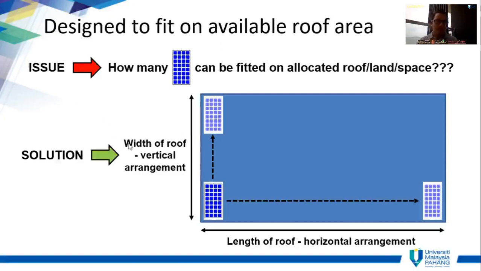For vertical arrangement, for example, this is the lengthwise up case. The modules will be arranged on the vertical part throughout the width of the roof. Meanwhile, for the horizontal part, the lengthwise up oriented solar modules are arranged throughout the length of the roof.